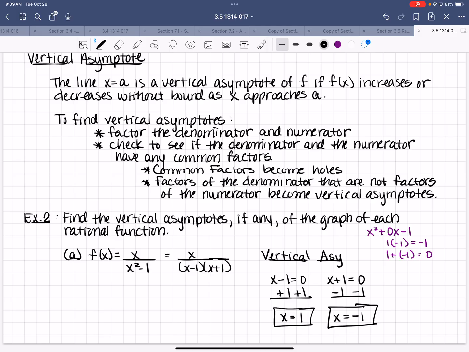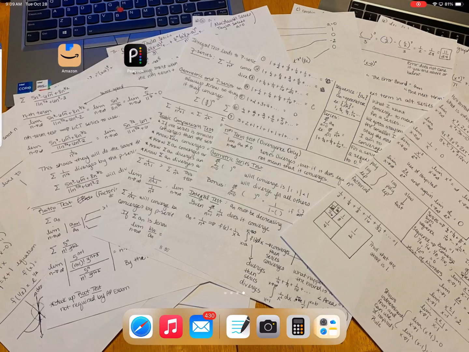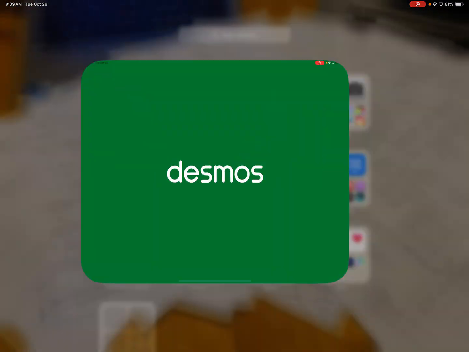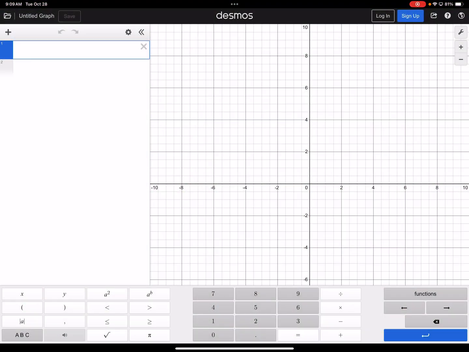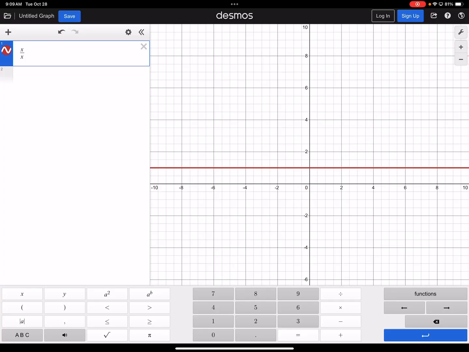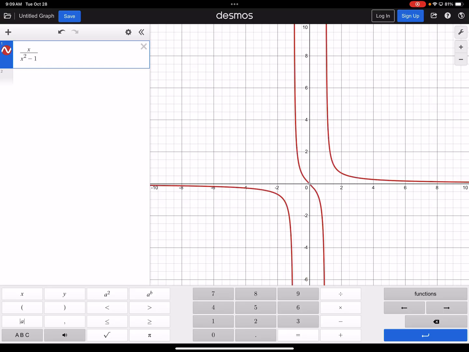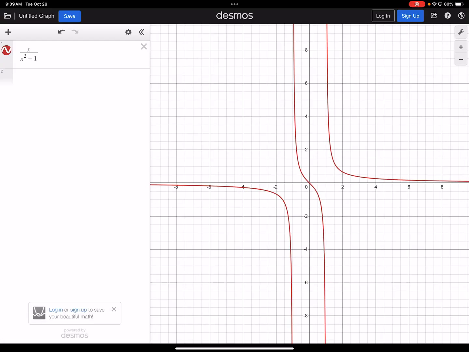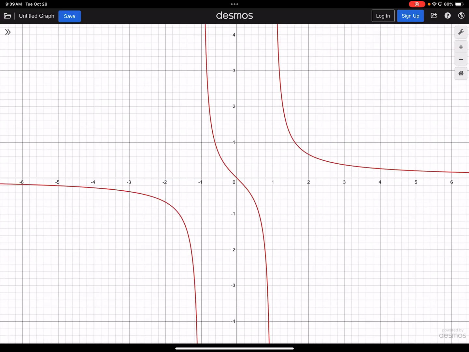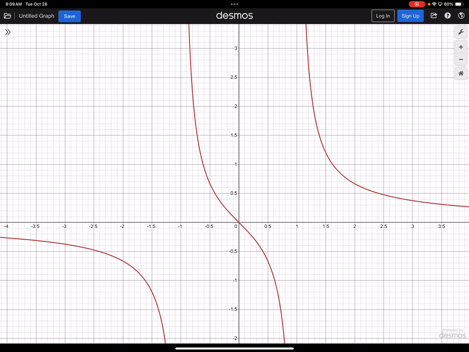Now, later on, we use this to help us graph, and I'm going to show you right now what that looks like. Here is x divided by x squared minus 1. See how x equals negative 1 is a vertical line. It's x equals a number.